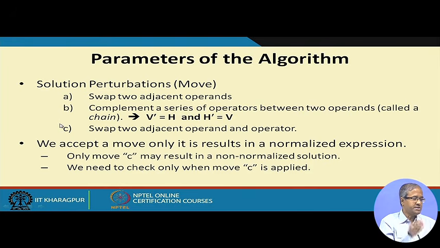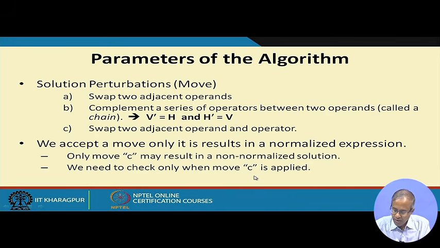And the point to note is that after making a move, we will consider it only if it results in a normalized expression, because you can check moves A and B will leave a normalized expression normalized only. Only move C can result in a case where a normalized expression can become unnormalized.